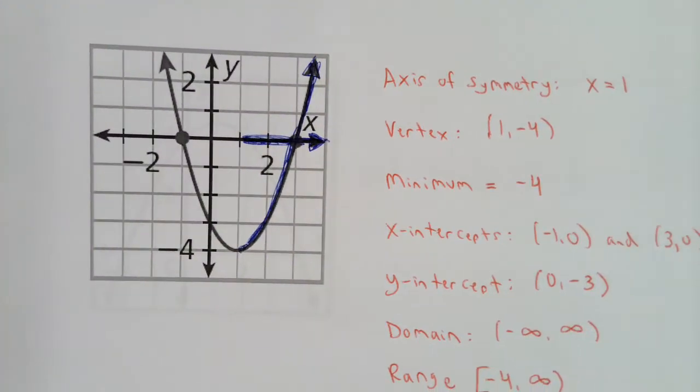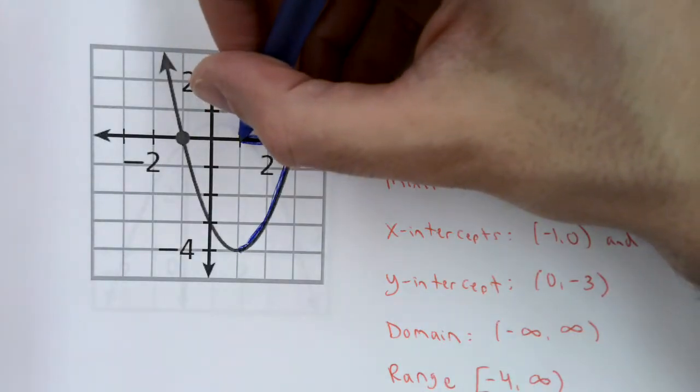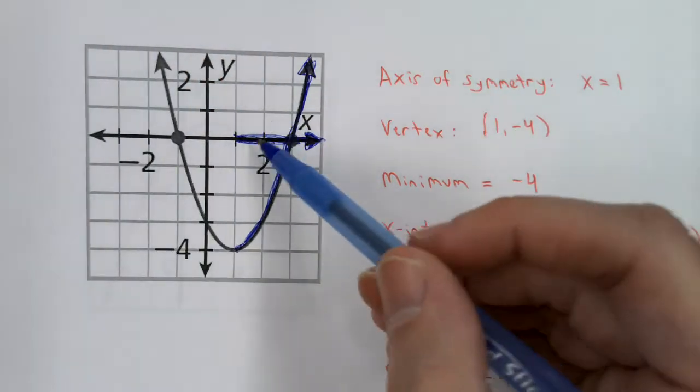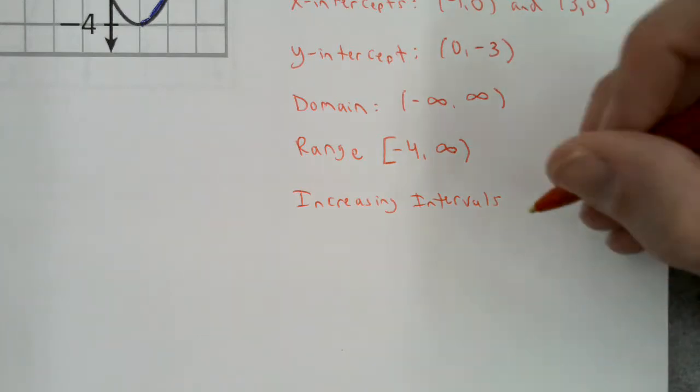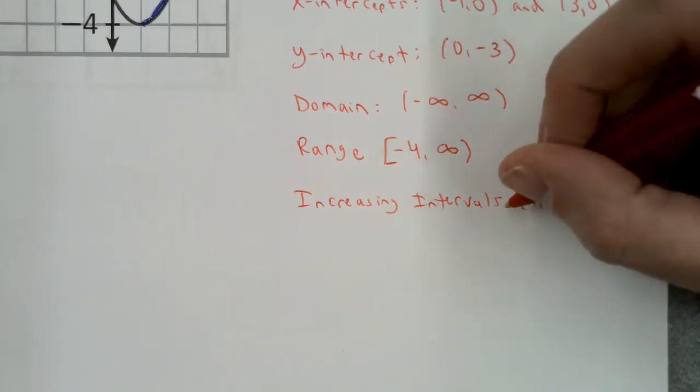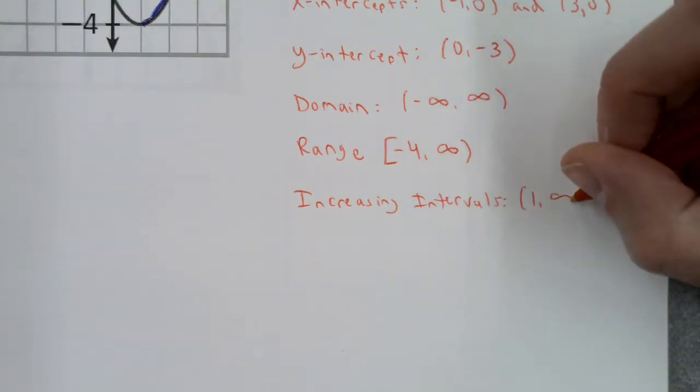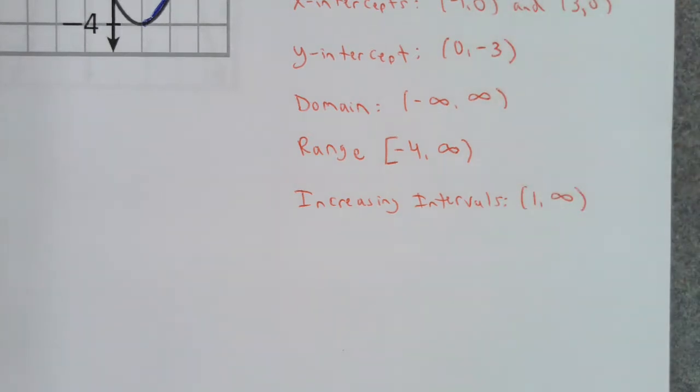The x values that correspond to that, I'm going to color that in right now. So I colored in the x values in blue, that it's increasing. So you can see it's increasing from 1 all the way up to infinity. So I write that like this, 1 to infinity like that.